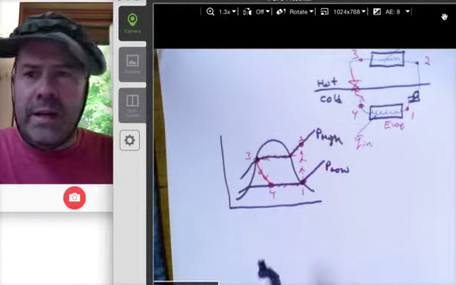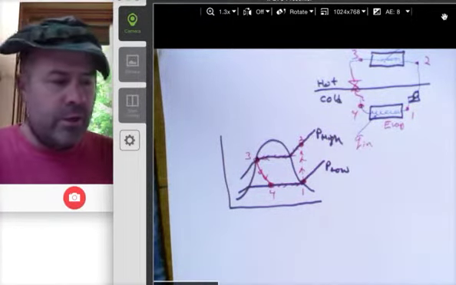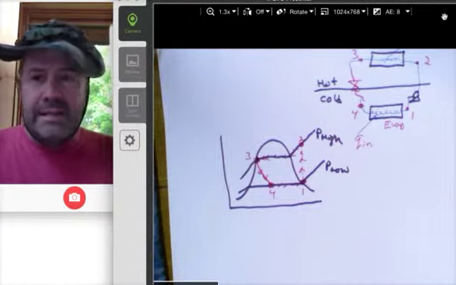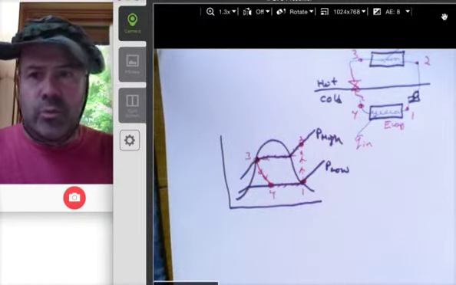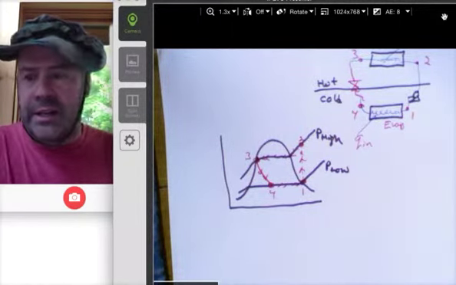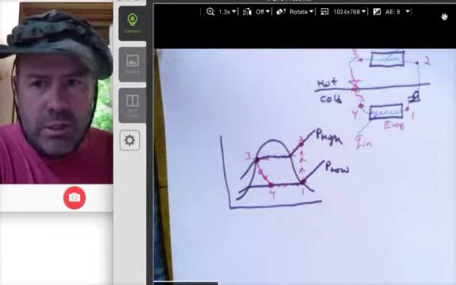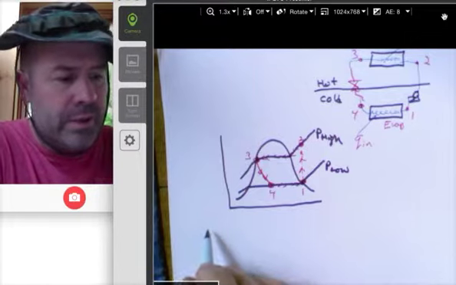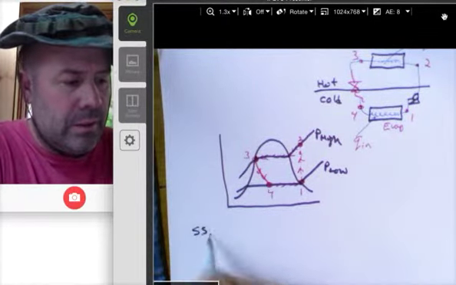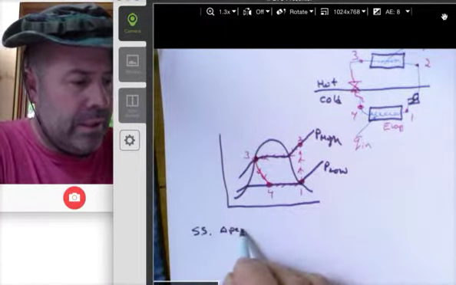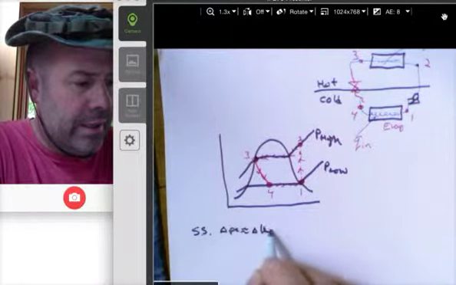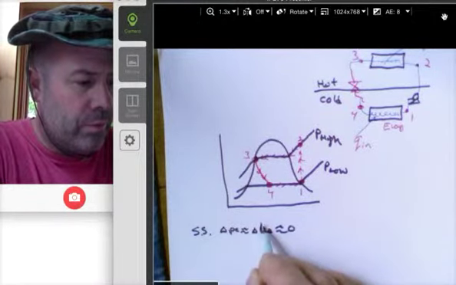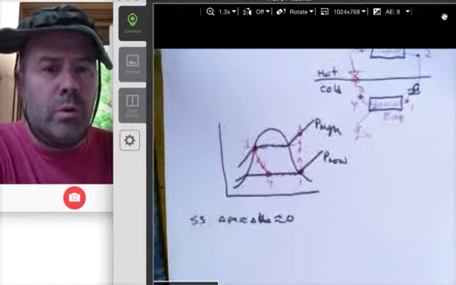And the way we do that is by applying the first law of thermodynamics in steady state form and assume that the changes in potential and kinetic energy are constant or are negligible. So I'm going to write that down. Steady state, delta PE, delta KE, is very small, approximately 0.